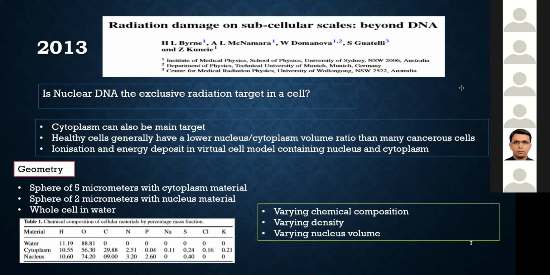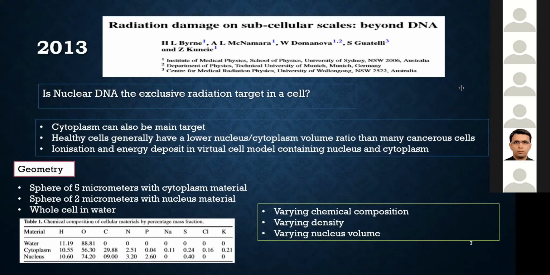Three cases were considered: varying chemical composition, varying density, and varying the nucleus volume. We want to see first what happens if we consider only water as the material for these 2 components, nucleus and cytoplasm, or if we consider their real chemical composition.